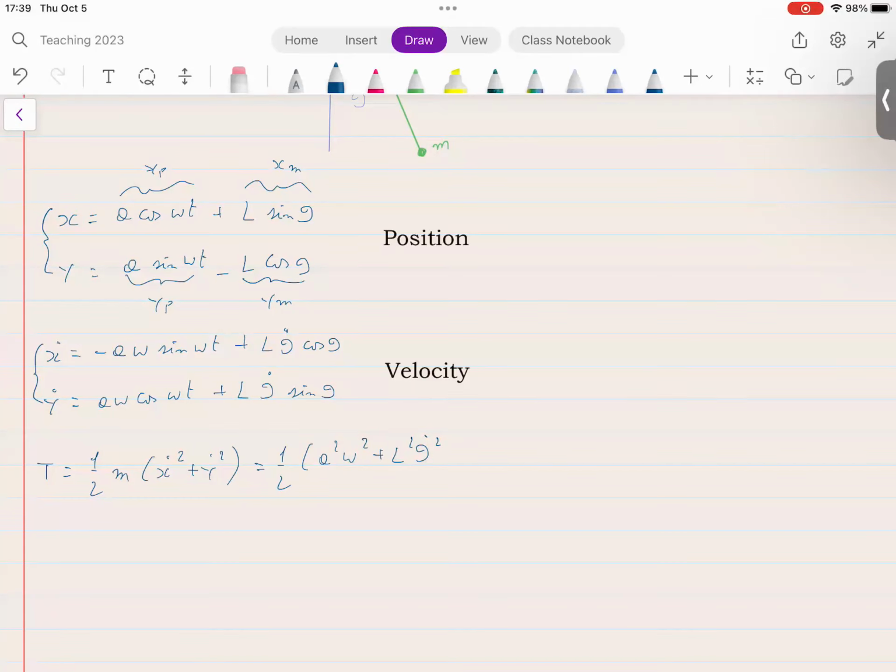And then I have the cross terms, the annoying ones. I have minus L a omega theta dot sine omega t cosine theta plus L a omega theta dot cosine of omega t sine theta.